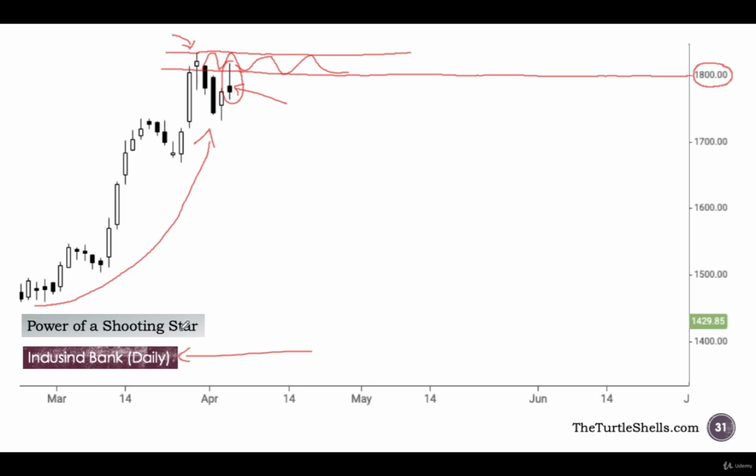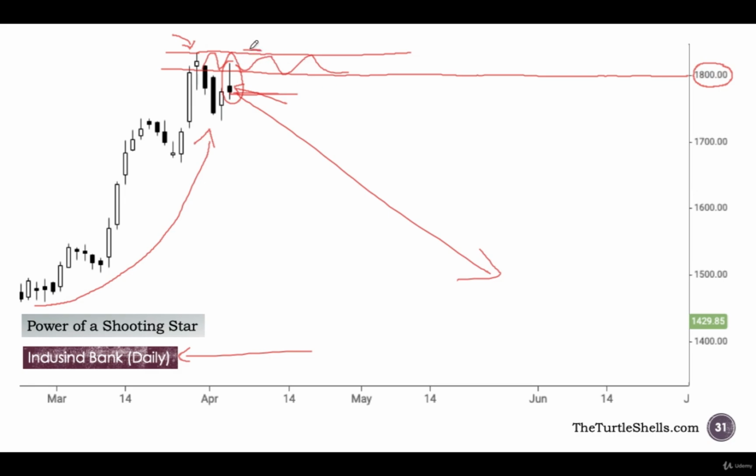Now, the objective of this video is to see the power of a shooting star, how the shooting star creates a crash in prices. It's a daily chart. If I were to take a trade here, my entry point would be this. My stop loss would be just above this resistance zone, because I know that the bears are sitting here somewhere in this zone.